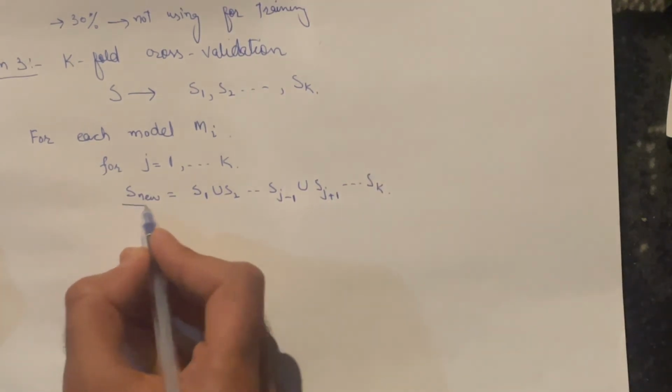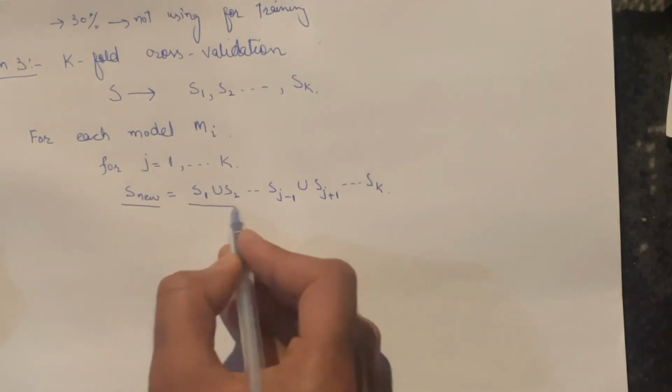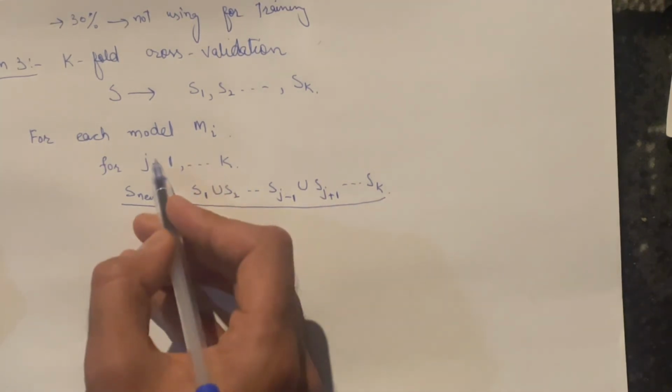So it is making a data set of all the subsets except this j.